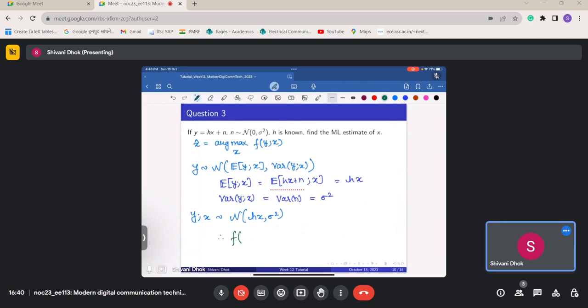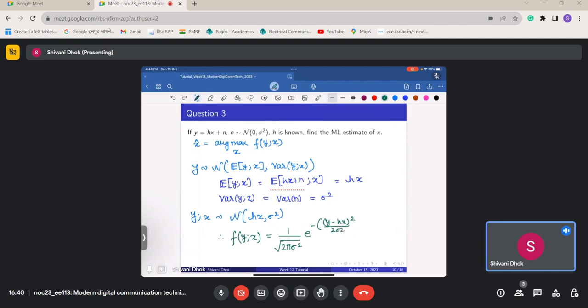Therefore f of y given x, that is your likelihood function, will be simply 1 upon under root 2 pi sigma square, into e power minus (y minus hx), that is your mean, whole square upon 2 sigma square.